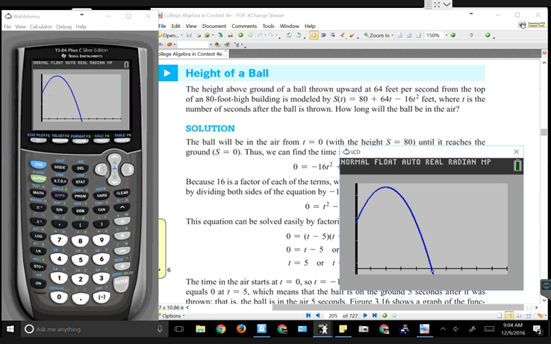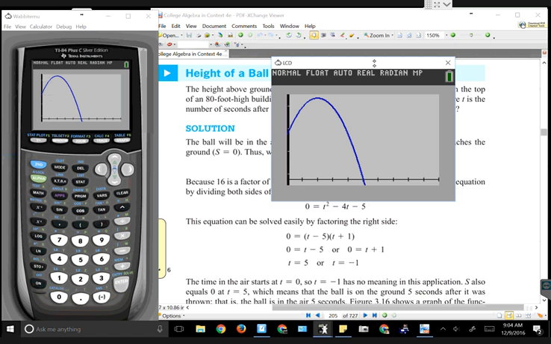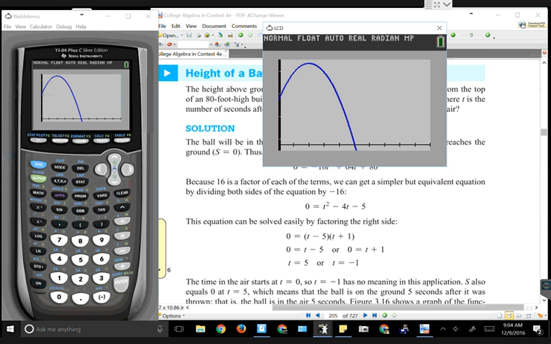This spot over here does not represent that it was that many units far away. Okay? That represents how much time it took to hit the ground, because the height would be at 0. So if I look at this, would it be reasonable to assume that it takes 1, 2, 3, 4, 5 seconds to hit?